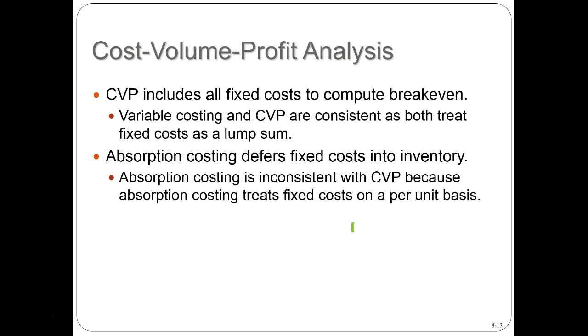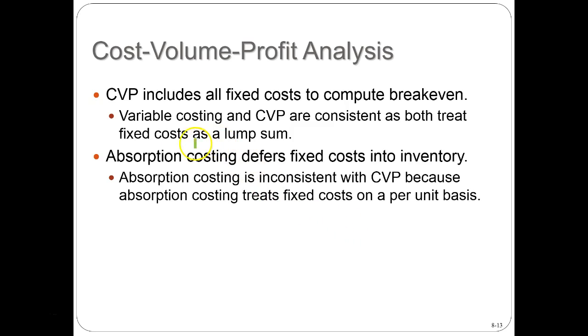As production goes up, variable costs go up in a fixed way, and as production goes up, fixed costs stay fixed. There's a difference in that behavior that makes it difficult to make some decisions under absorption costing, and it makes it easier for us to make managerial decisions in cost volume profit analysis.